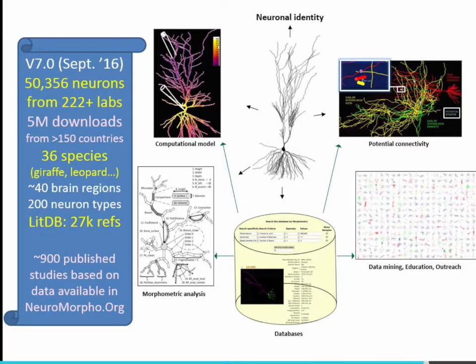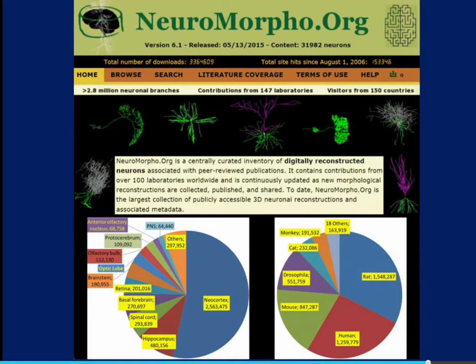There are now MOOCs, massively online open courses, that are using neuromorpho.org material in more and more cases. And this is a quick statistic of the downloads. We're talking millions of neurons downloaded for different species or different brain regions and so forth.